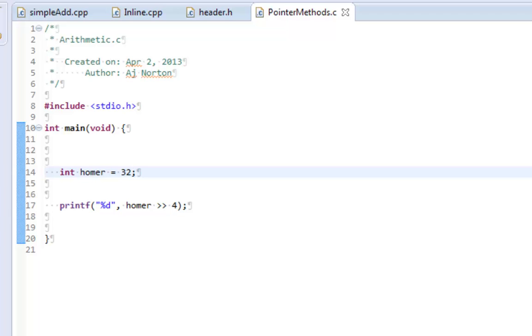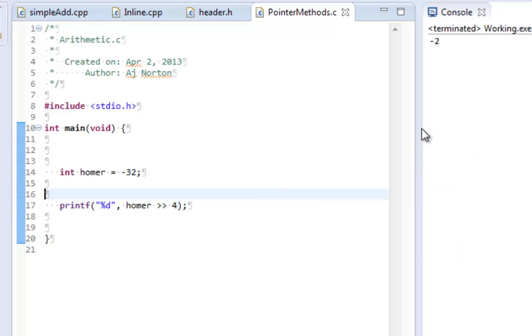But now things start to change when I add a negative number to these shifts. As I taught you, these shifts work. Now I'm going to make this 32 negative 32, and when I shift this by 4, I should get negative 2, because negative 32 divided by 16 is, in mathematics, negative 2.